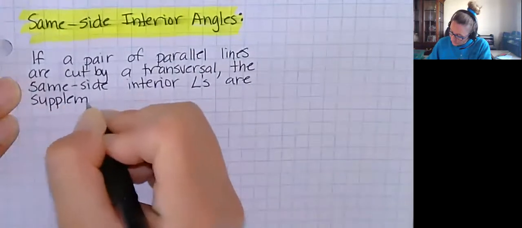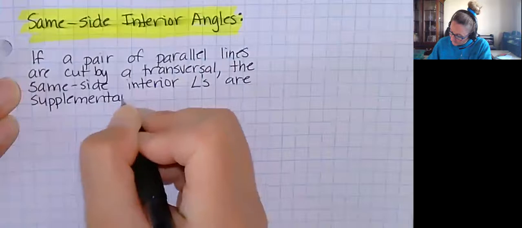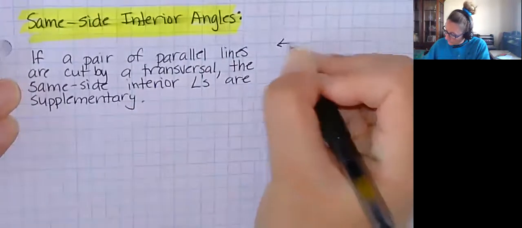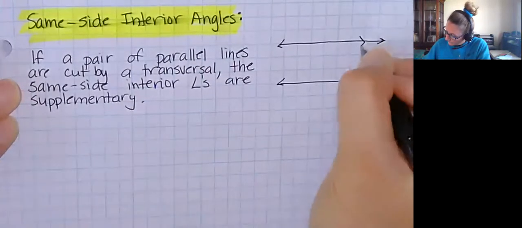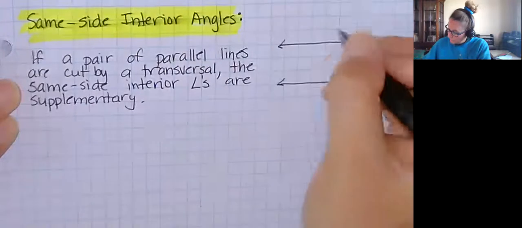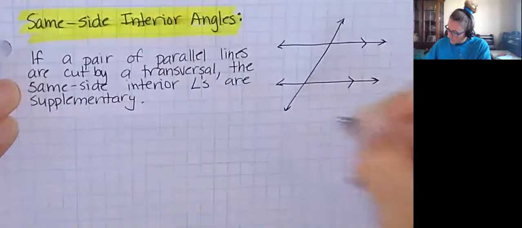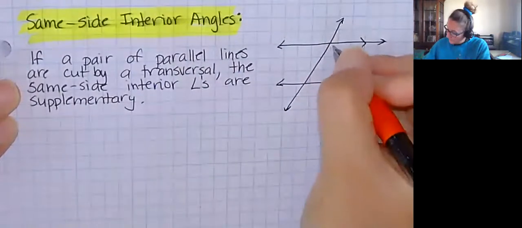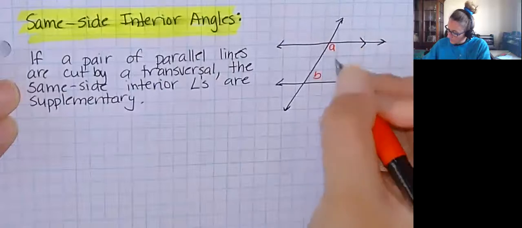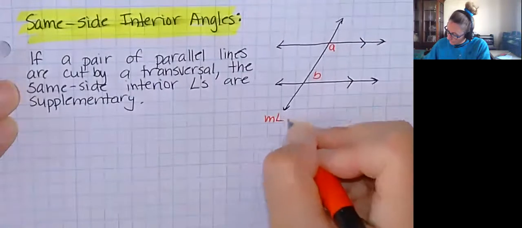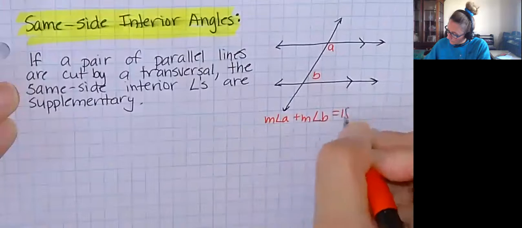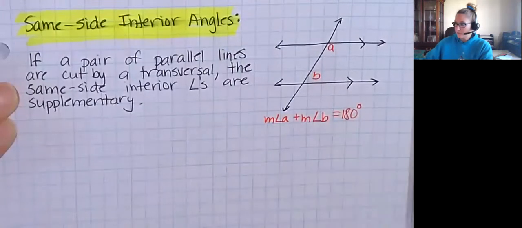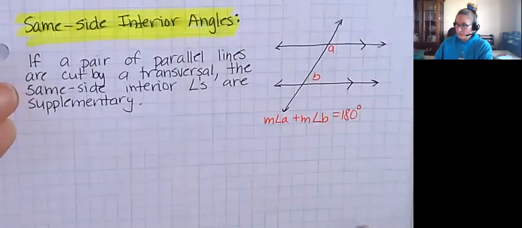So a picture of that, again, parallel lines cut by a transversal. Let's say this is angle A, this is angle B. The measure of angle A plus the measure of angle B is equal to 180 degrees. Okay, same side interior angles.